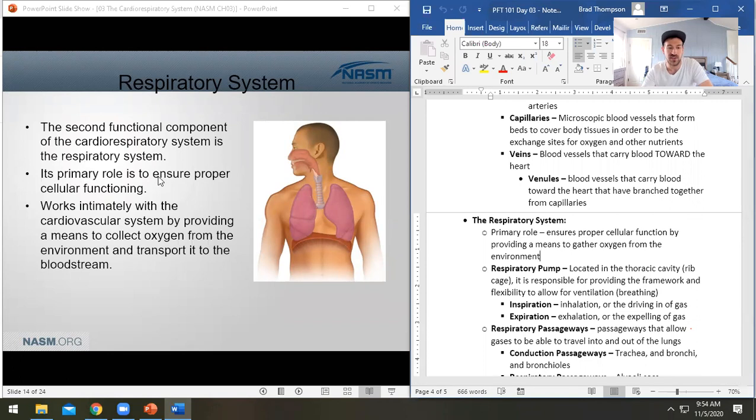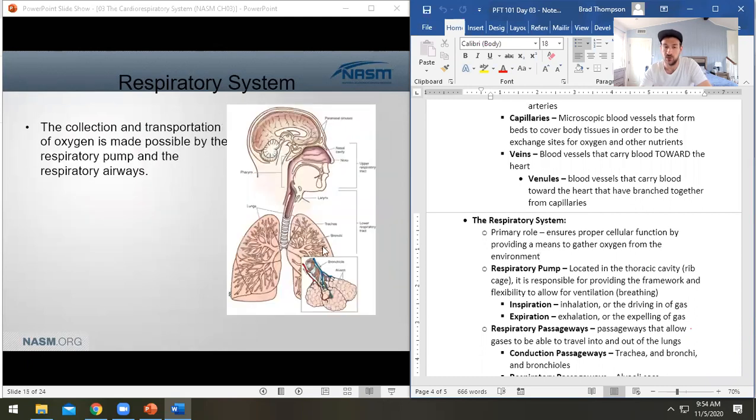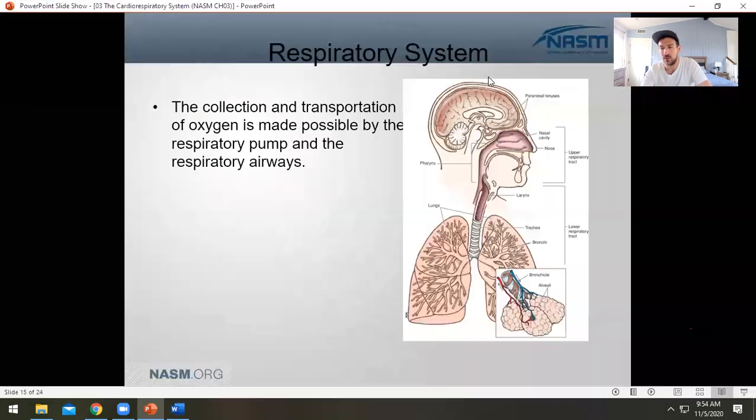So your respiratory system is going to work with your cardiovascular system to deliver oxygen throughout the body. It's comprised of two main sections: your respiratory pump, which is all the stuff that drives massive amounts of gas into the area, and your respiratory passageways, which is where oxygen can get into your bloodstream.